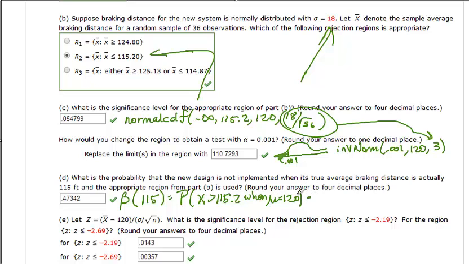So once again, I'm going to do a normal CDF. 115.2 is going to be my lower limit, positive infinity is my upper limit. 115 is my mean, 3 is my standard deviation. Of course, it's that same 3, 18 divided by the square root of 36.